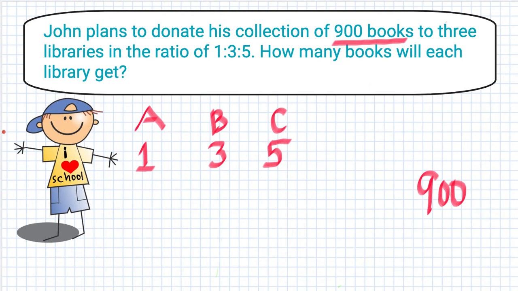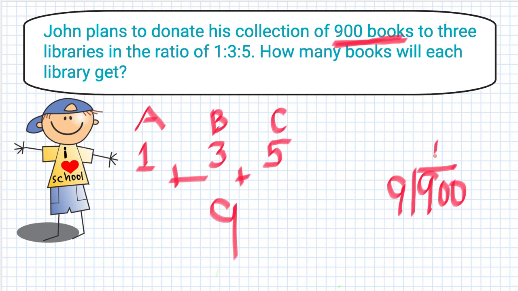Since this is partitive, there is a total number that will be distributed depending on the ratio. So all you need to do is add the numbers: 1 plus 3 plus 5 is 9. Whatever the sum, divide 900 by the sum. So that is 900 divided by 9.